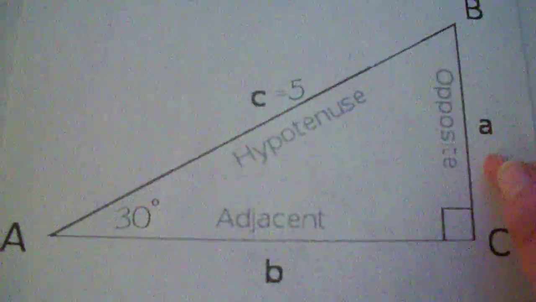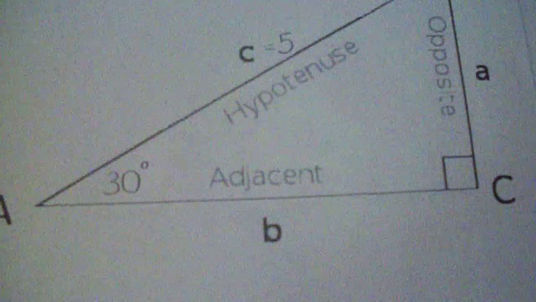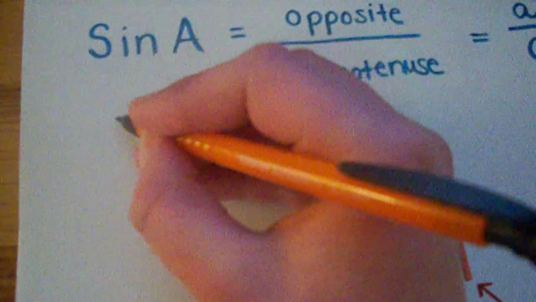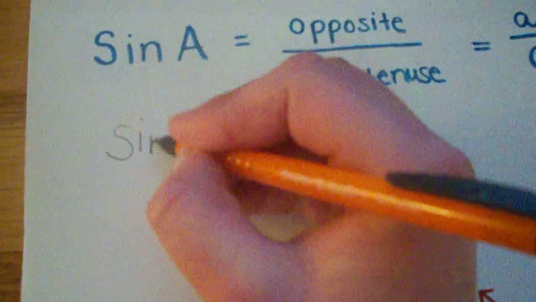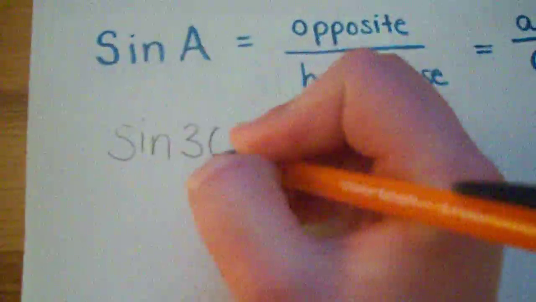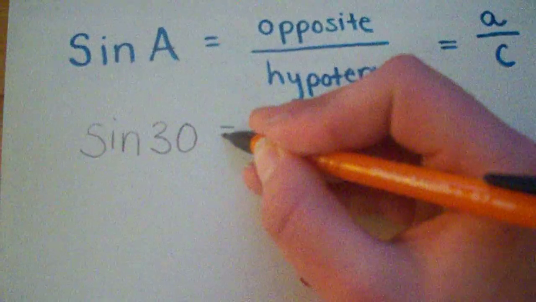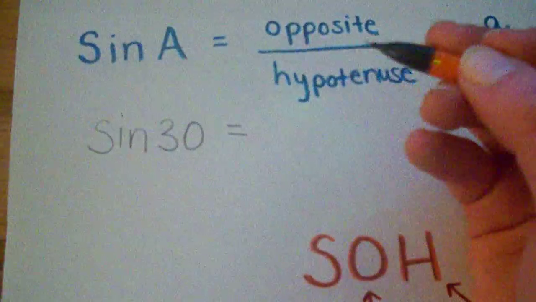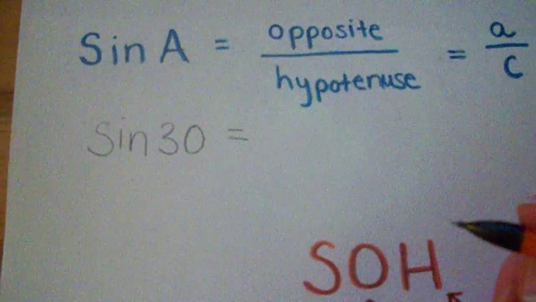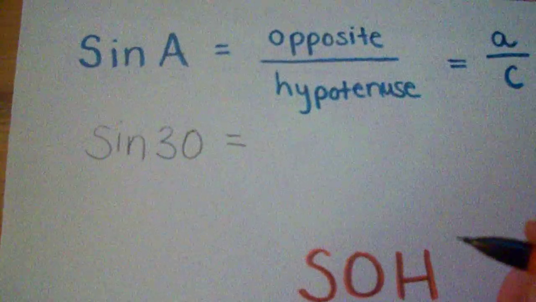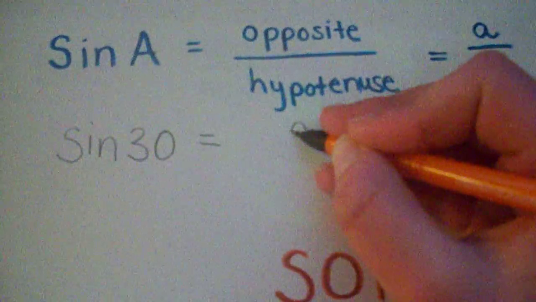First we need to write the sine of angle A, which is 30. Then since we are solving for the opposite side, or side A, we will use variable A in this equation.